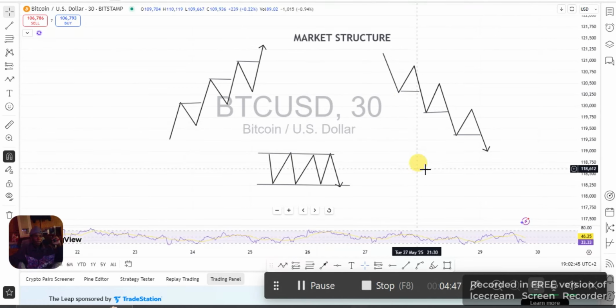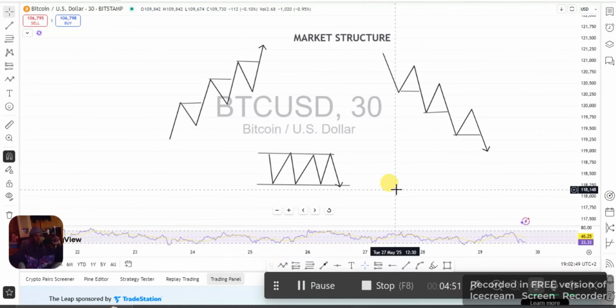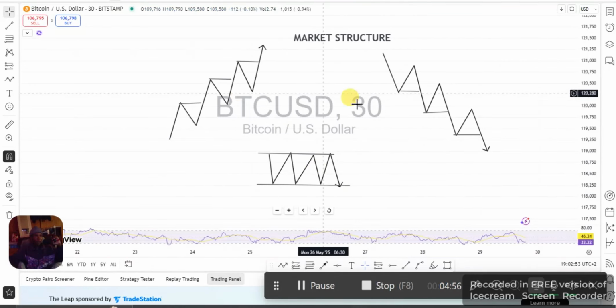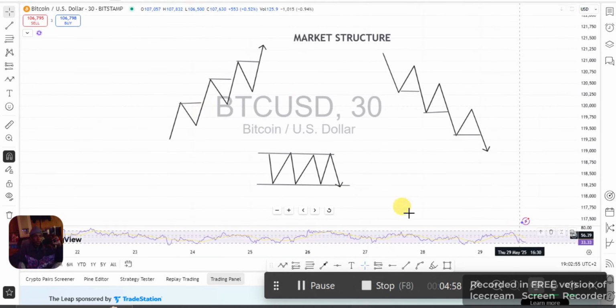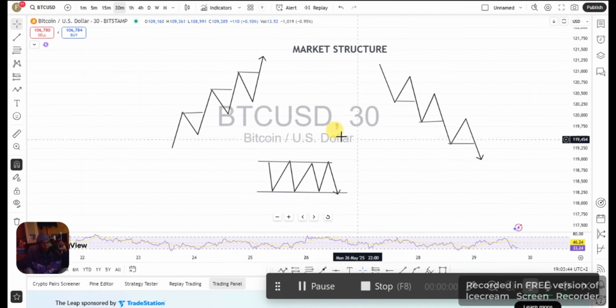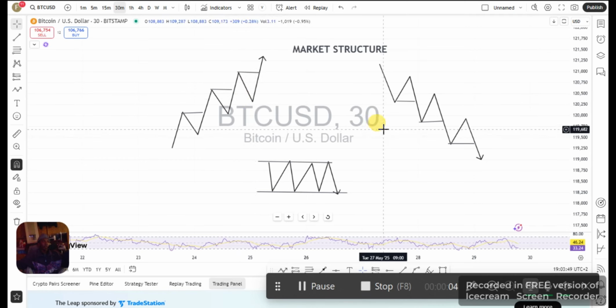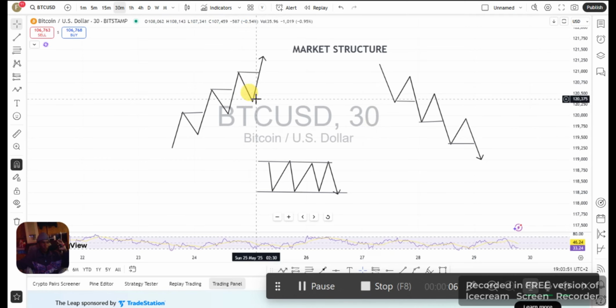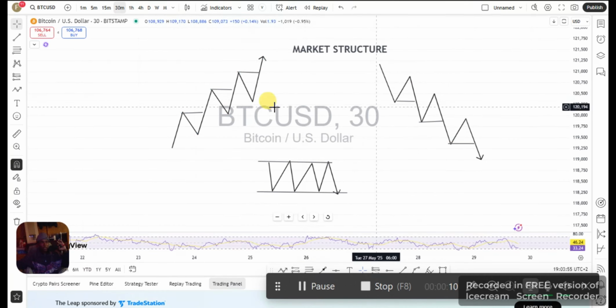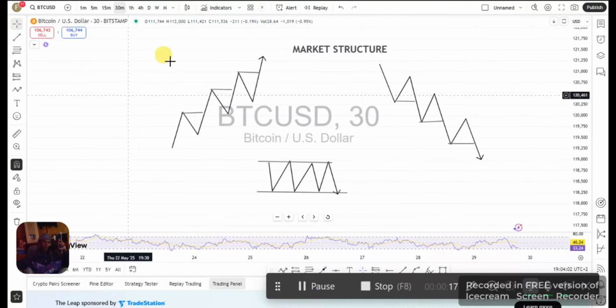And then when we mix these things together, we get a full market structure, right? When we mix the downtrending market, the uptrending market, and the consolidating market, ranging market, whatever you want to call it, we get a market structure.